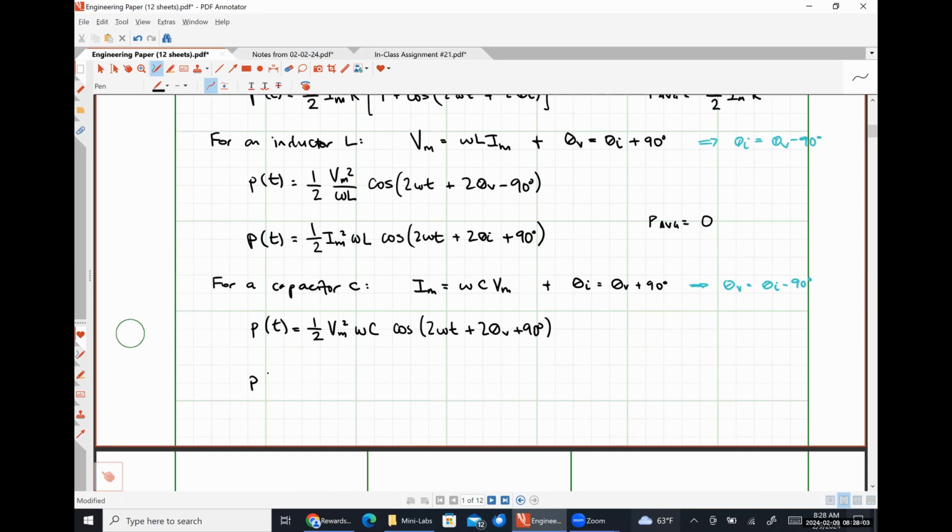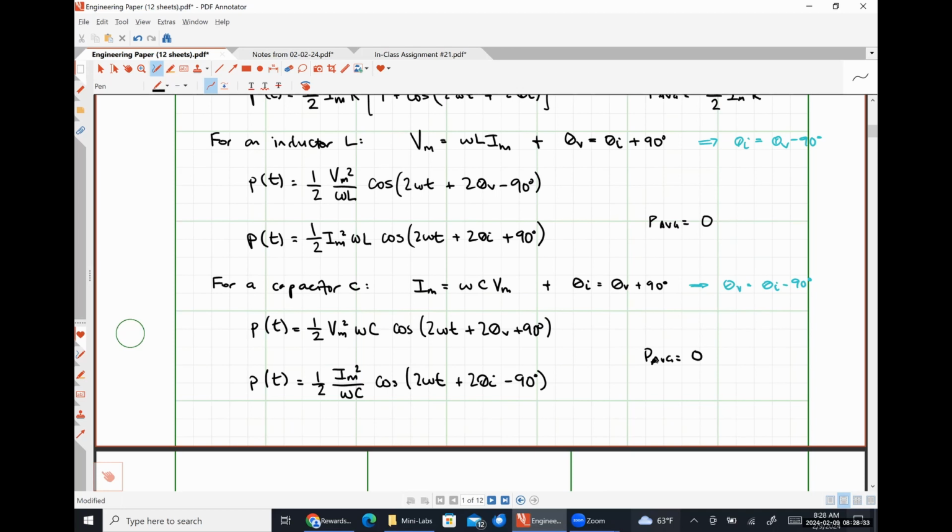And expressed in terms of current, we're going to have 1/2 Im squared over omega C cosine twice omega t plus twice theta I minus 90 degrees. And I'll just write this down here as P average is equal to 0.